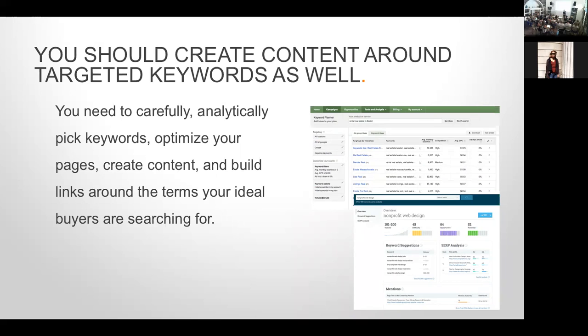In order to create content, it is also important to search for keywords: short keywords, long phrase keywords, keywords in general that you should use.